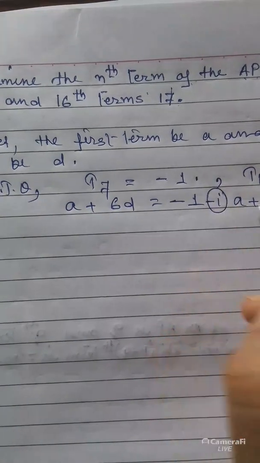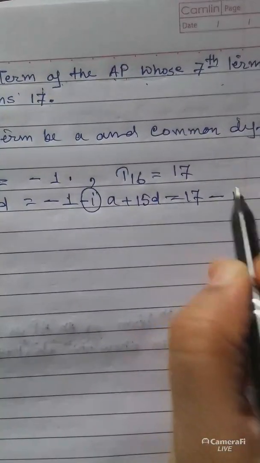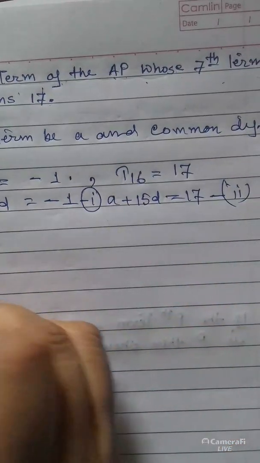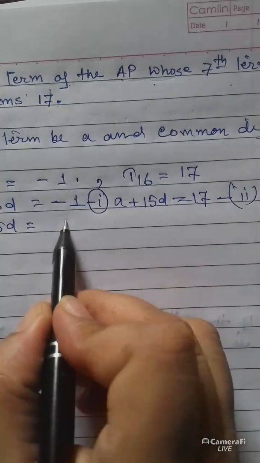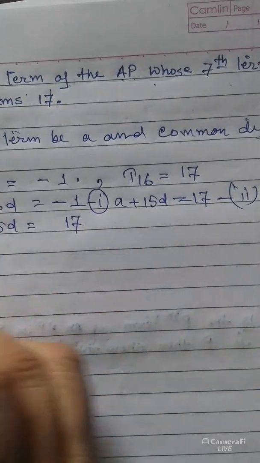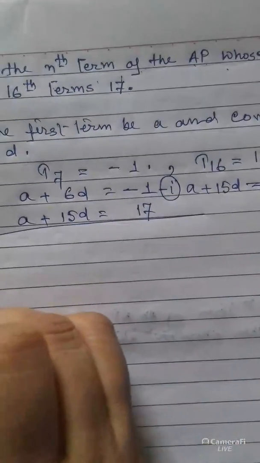This is equation 1 and this is equation 2. A plus 15D equals 17. Just subtract it.